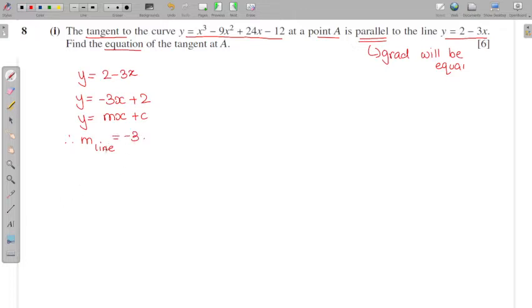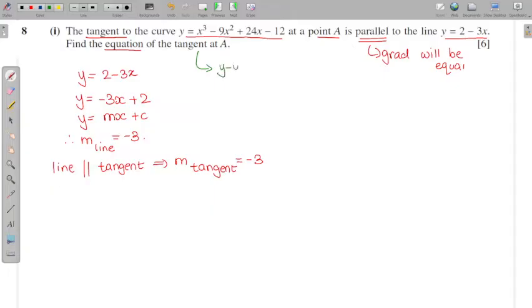So since the line is parallel to the tangent, the tangent will also have the same gradient. Okay, so the gradient of the tangent will also be minus 3. Next, what we have to do is to find out the equation of the tangent. So tangent is again a straight line.